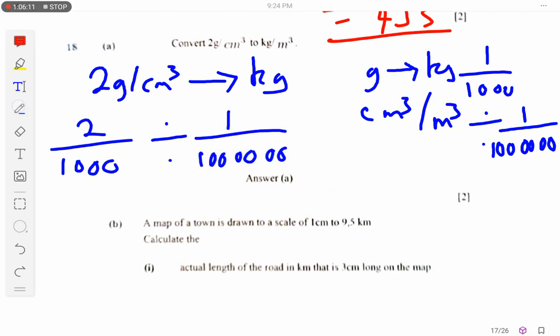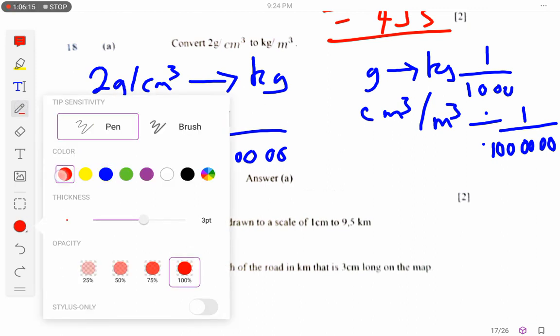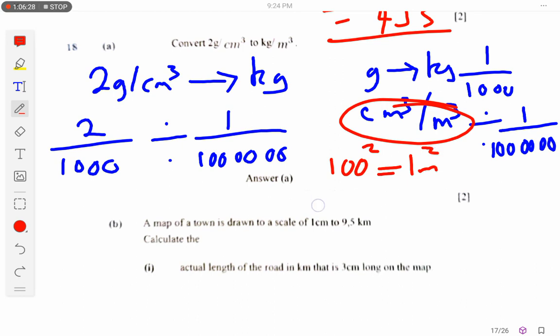The idea here comes from here. Let me just explain this. When I'm converting centimeters, 100 centimeters is equal to 1 meter. Now when it's squared, you are simply squaring this and squaring this. So it will be 100 and you add another 2 zeros.